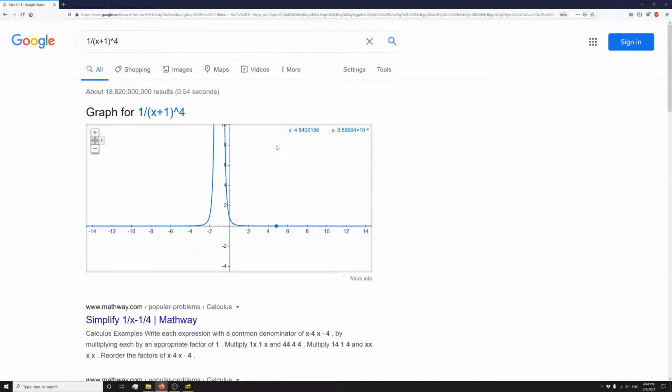Now, Mr. Walker has asked about where the limit does not exist, at x plus 1. Okay, so that would be minus 1. So the limit doesn't exist at x equals minus 1. Let's actually sketch that out.